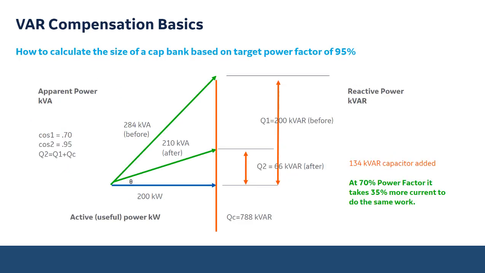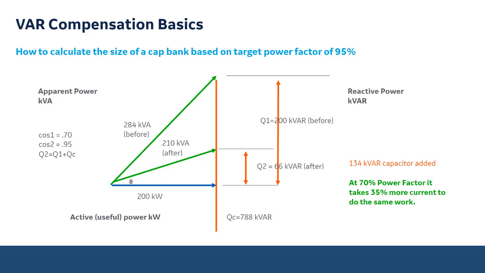So this is going a little more into an example of before and after using capacitors, showing how to calculate the size of a capacitor bank based on a target power factor of 95%. Theoretically you can go up to 100%, but the maximum benefit is right at 95%.